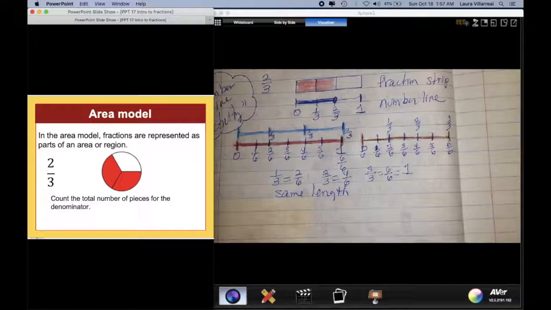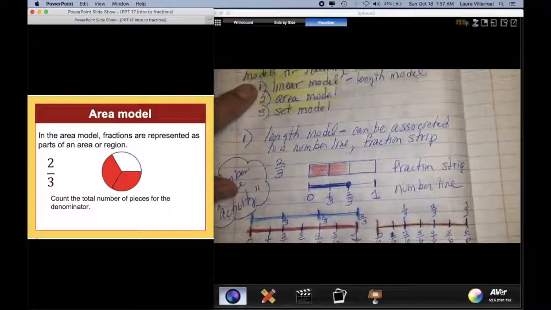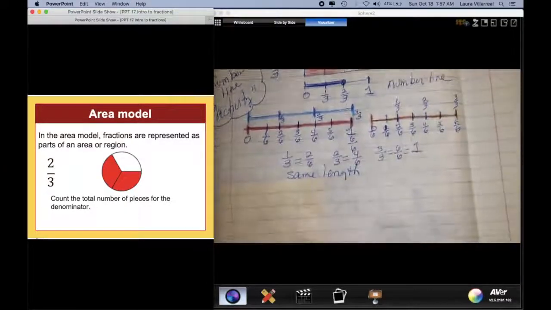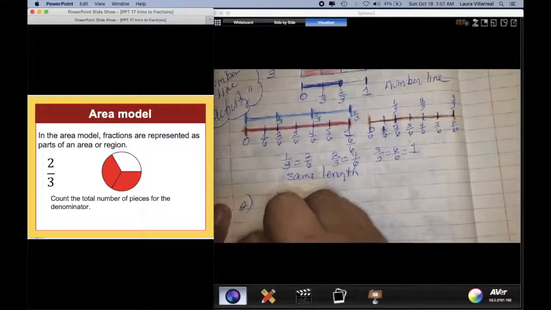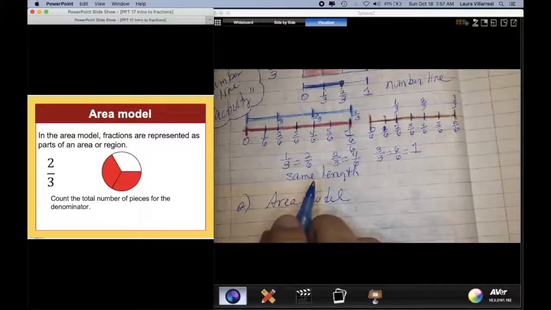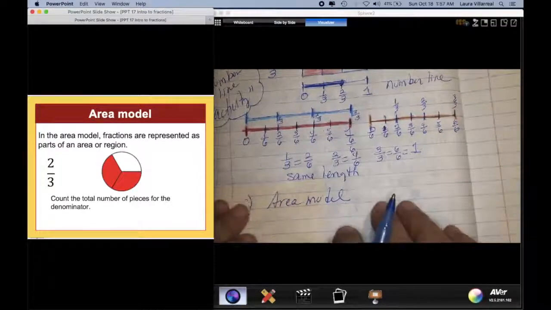Okay, the second method we're going to look at is the area model. In the area model, the fractions are represented as parts of an area or a region.